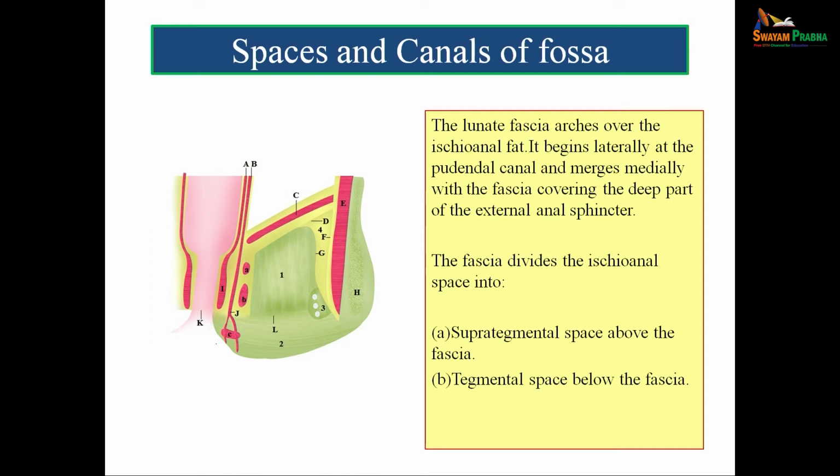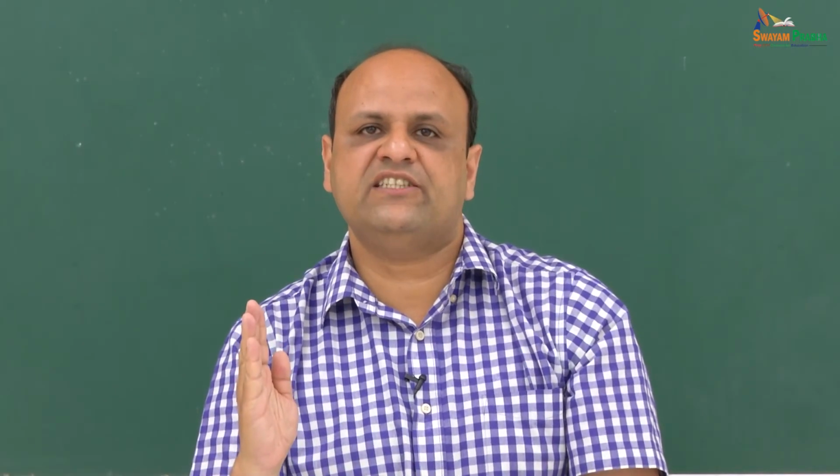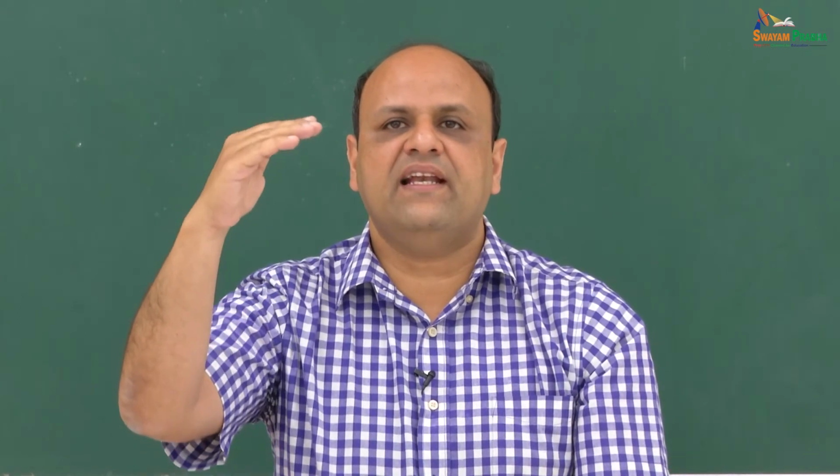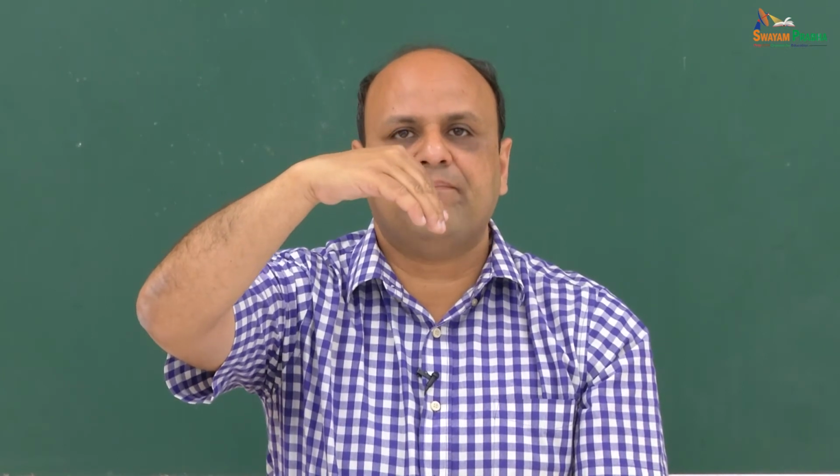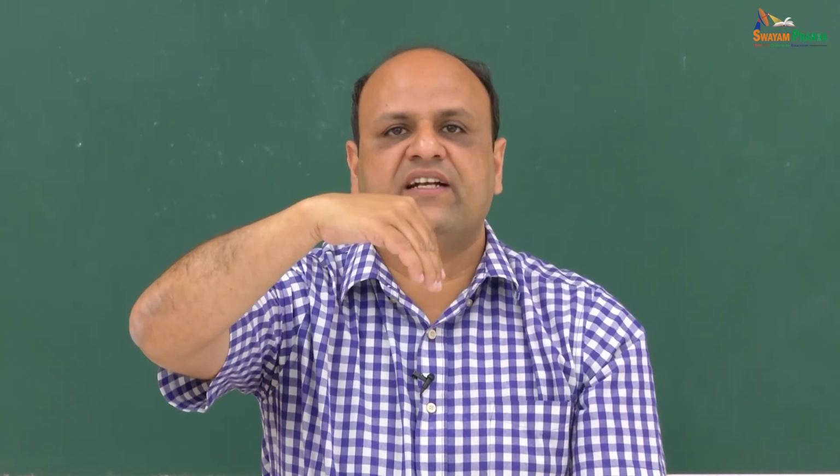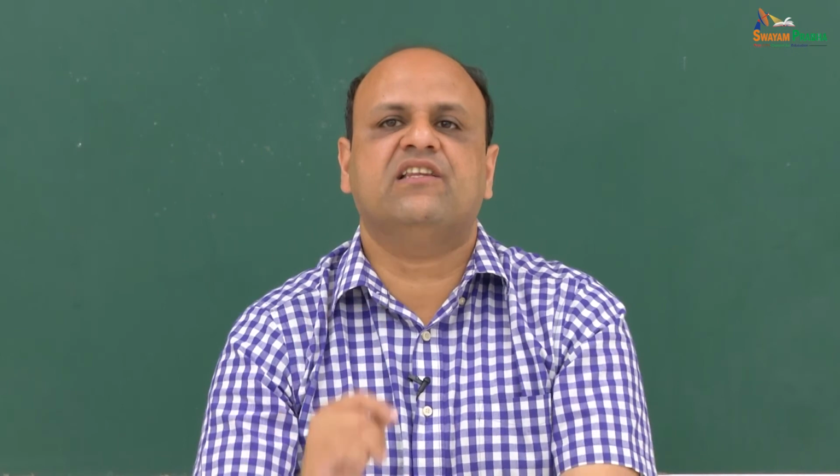in the lateral aspect of the ischioanal fossa is the pudendal canal. So, from there the lunate fascia is going up and then it passes up and merges medially with the fascia covering the deep part of the external anal sphincter. So, this is marked by G in the figure.